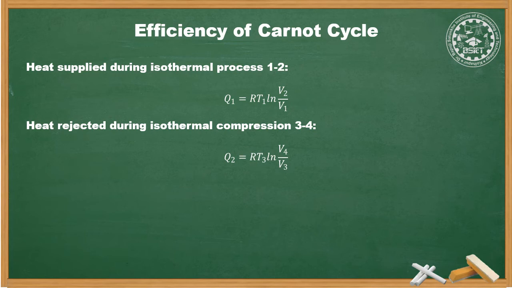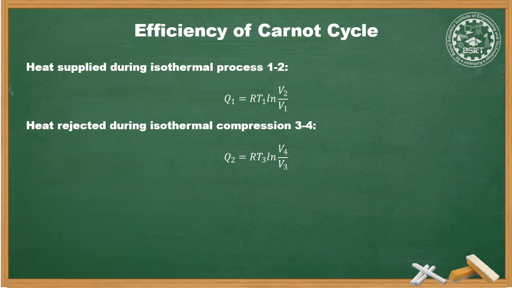Heat rejected and heat supplied are considered only during the isothermal processes, as during adiabatic expansion 2-3 and adiabatic compression 4-1, the heat transfer to the system and from the system is 0.